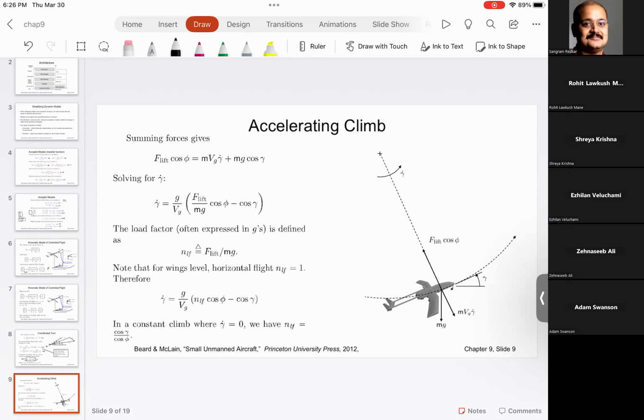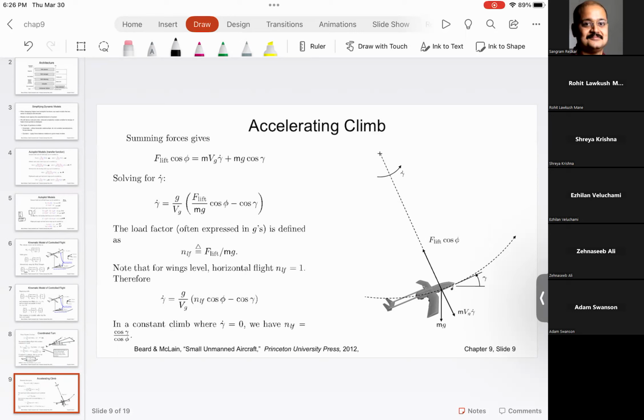Next part, which we also looked at, is the accelerated climb. If we look at the forces that are acting on the aircraft, they are lift and drag. You will realize that you can come up with an equilibrium equation, F lift cosine phi is equal to the gravitational component, the mass of the aircraft, the ground speed and gamma dot.